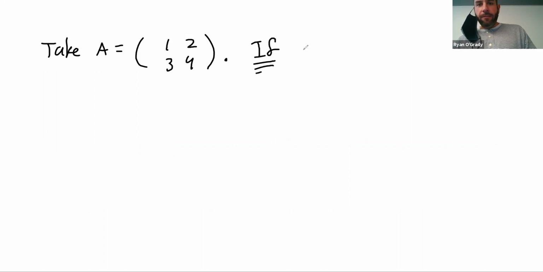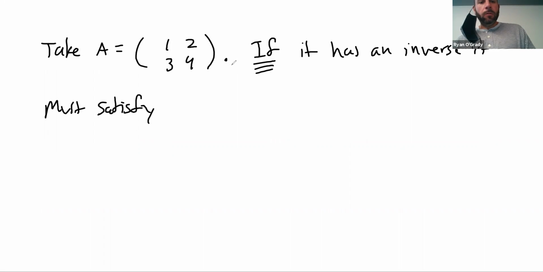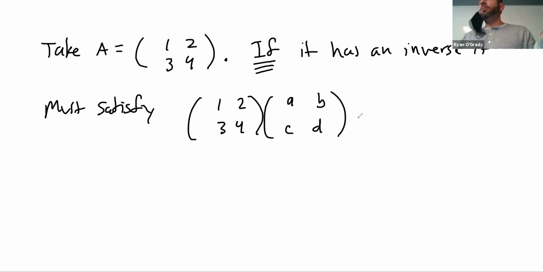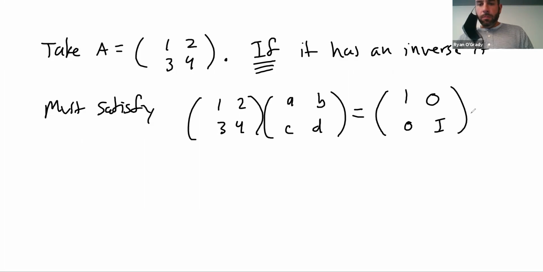If, and this is a big thing, if it has an inverse, it must satisfy: 1, 2, 3, 4 times, let's say, A, B, C, D. I'm not going to use all those subscripts because there are only 4 entries, so I'll just use A, B, C, D. Is that fair? Now, what is the definition of an inverse? It must satisfy this: it has to equal the 2 by 2 identity matrix.